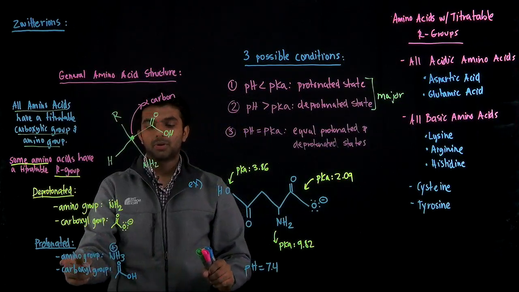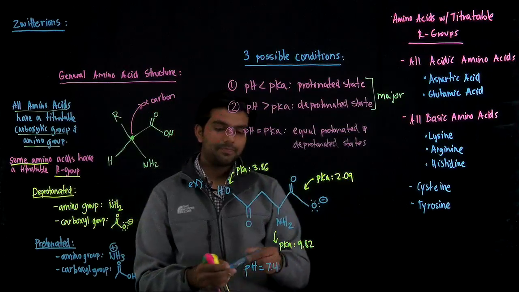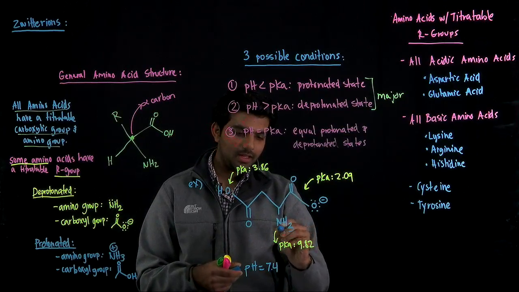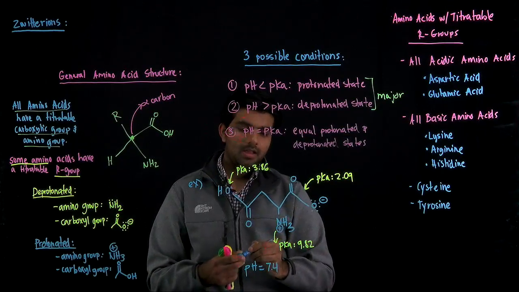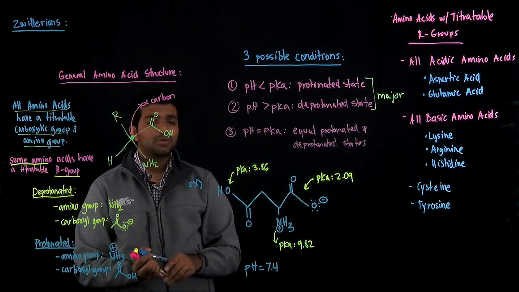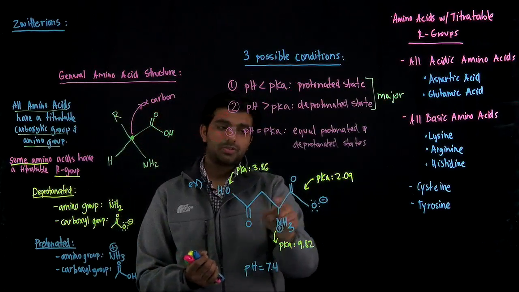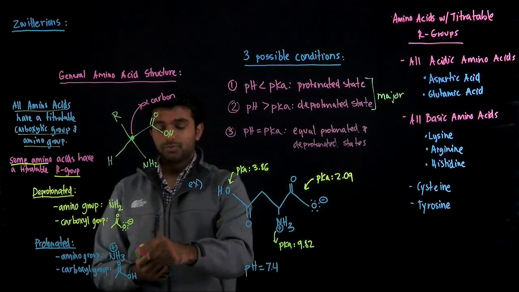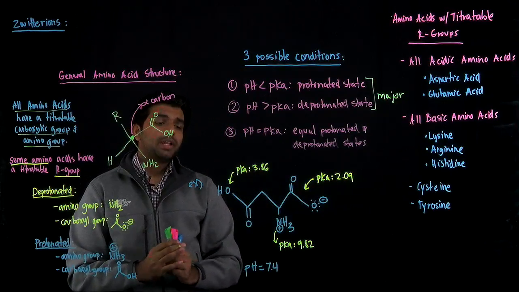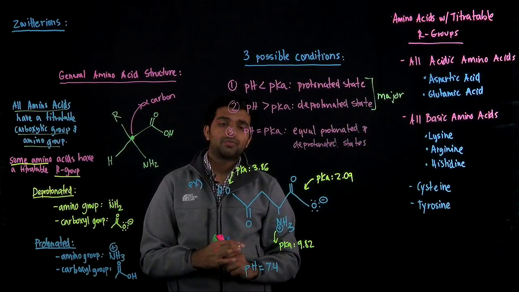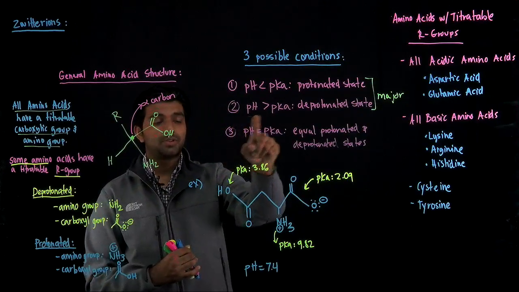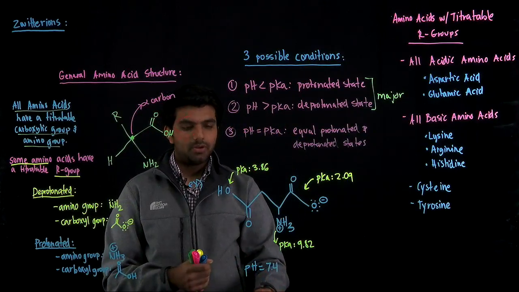Remember, the protonated amino group is NH3, so this is going to gain a proton. Then we'll do the same thing for the R group. In this case, this R group looks similar to the carboxyl group, so it's going to follow those rules. The pKa is 3.86 and the pH is 7.4, so we're in situation number 2 and it's going to be in the deprotonated state.